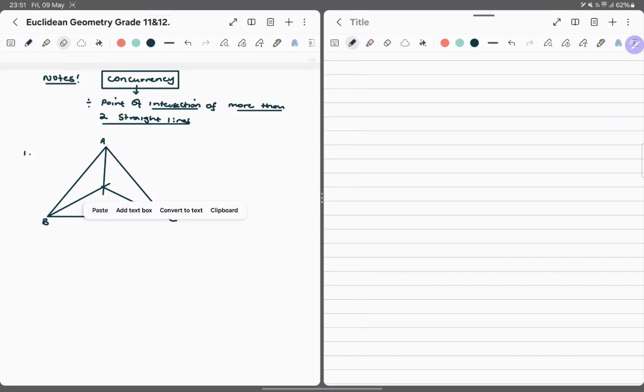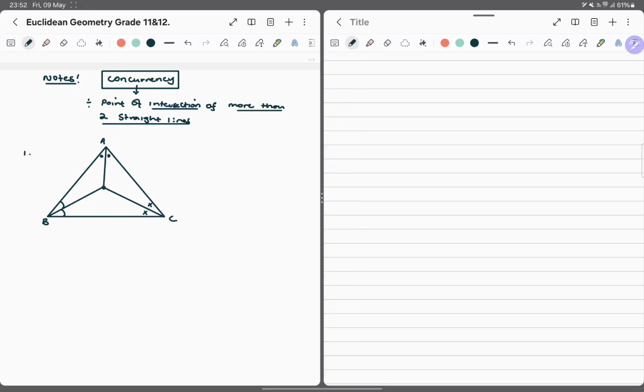Okay, folks, we will notice something: that these lines come together at that point. Remember, these lines are the bisectors of those angles of a triangle. So, what do we know about bisectors of the angles of a triangle?